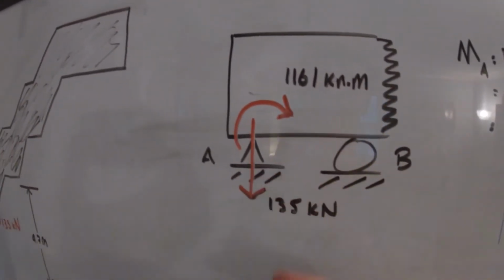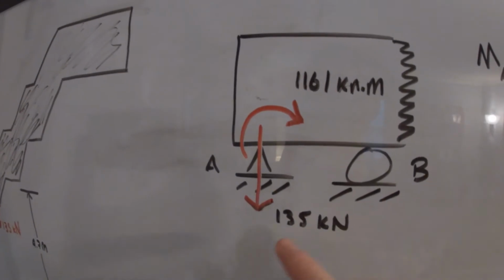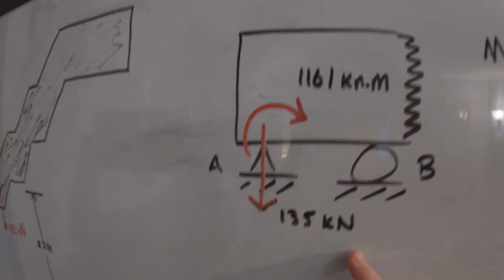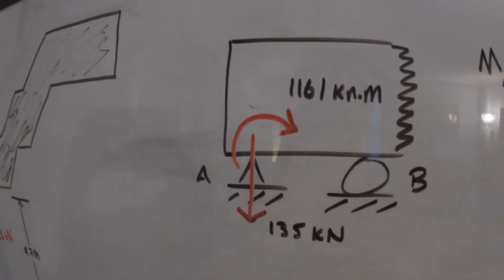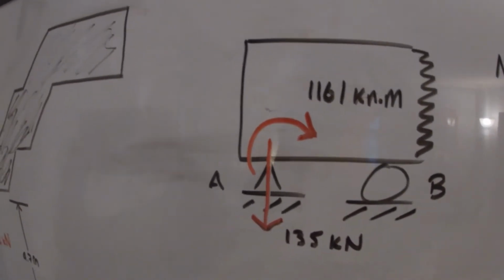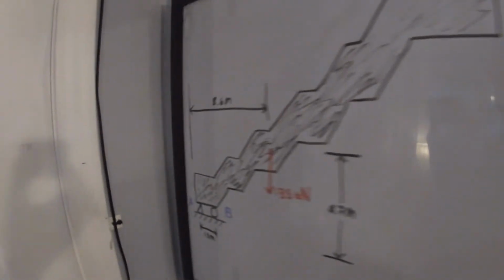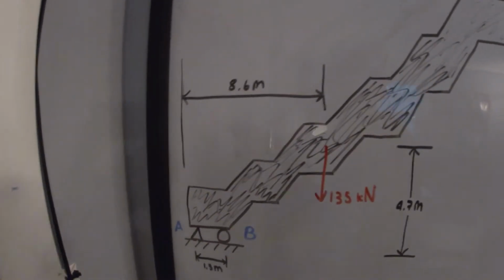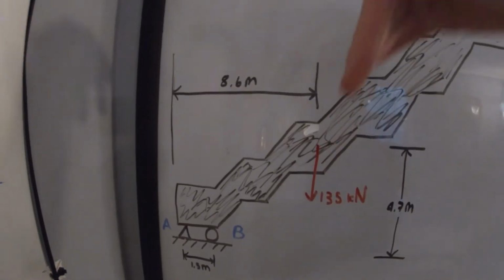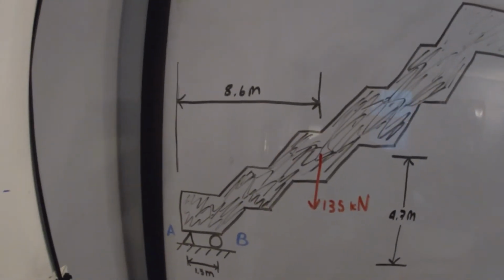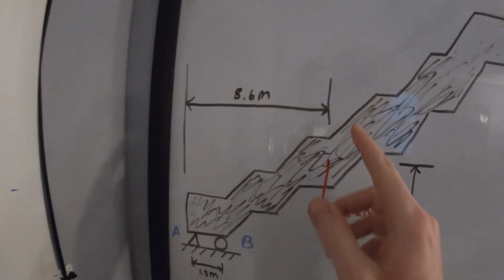So the force is easy. We know that the force at A downward is just going to be 135 kilonewtons because when we move a force, that force itself retains the same magnitude and direction. But what we have to add now is this moment. If we look back over here, we see that this force is a completely downward force, so it has no horizontal component, and we know the perpendicular distance.